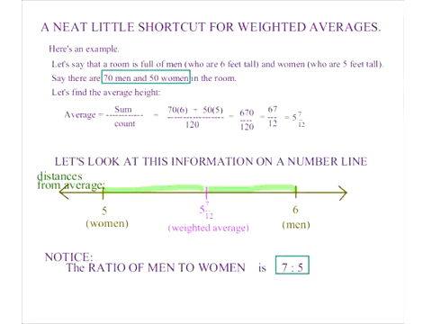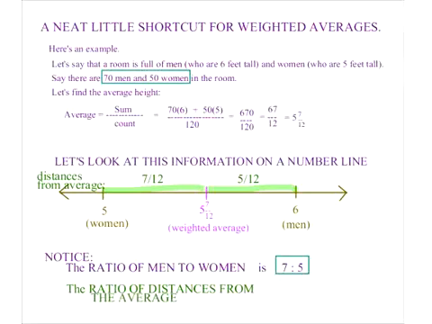This distance is 5/12. Notice that that's the same ratio, only in reverse. The ratio of distances from the average, for men to women, is exactly the opposite ratio. It's 5 to 7.